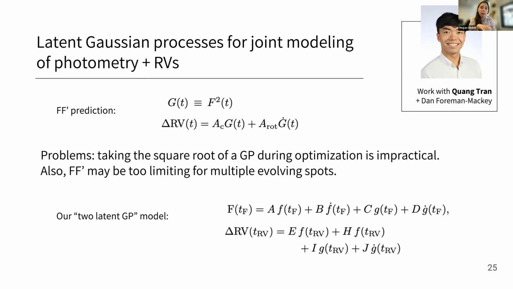And Vinesh pointed out how you can represent them as a Gaussian process. There's one problem, or a couple of problems, in directly implementing the FF' prediction. One is that in this framework, the flux becomes the square root of the Gaussian process that determines the radial velocity. And it's not really possible to take the square root of the Gaussian process when we're trying to optimize this.